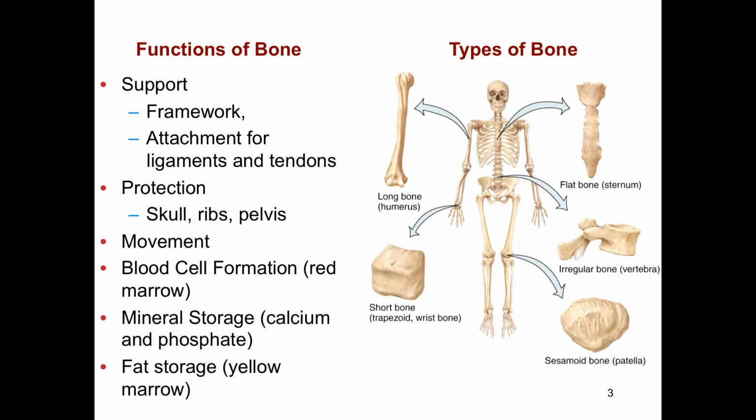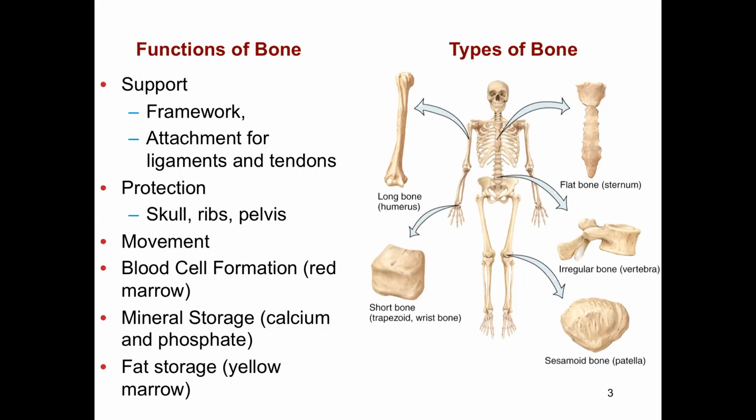Then mineral storage, that you probably know, right? Storing your calcium, but you probably don't know about the phosphate. So the calcium is actually stored as a salt mixed with phosphate, and we will come up to that in a few minutes. That's called hydroxyapatite. And then fat storage and the yellow marrow. So the yellow marrow, we're going to look at the difference there.